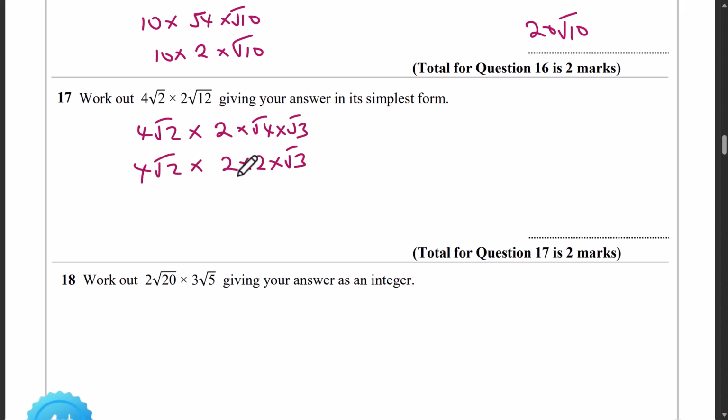If you multiply this, that's going to be 4 root 3. And if you multiply this, definitely 4 and 4 is 16, and root 2 times root 3 is root 6. I think this is how far you can go. You can't simplify this any further. So that's 16 root 6.